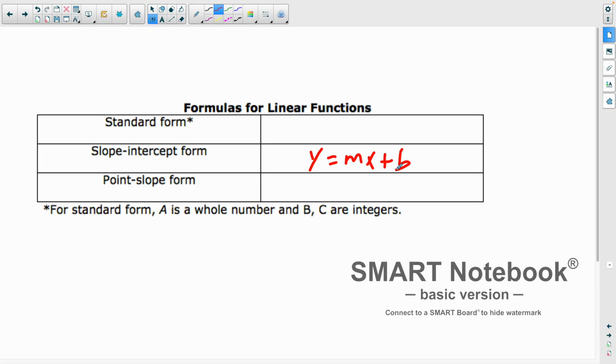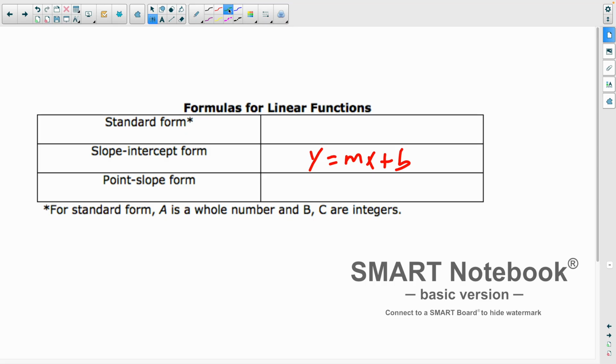I was going to be really technical about it. But slope-intercept form, y equals mx plus b. M is my slope, b is my y-intercept. Anybody have a remembrance of standard form or point-slope form?